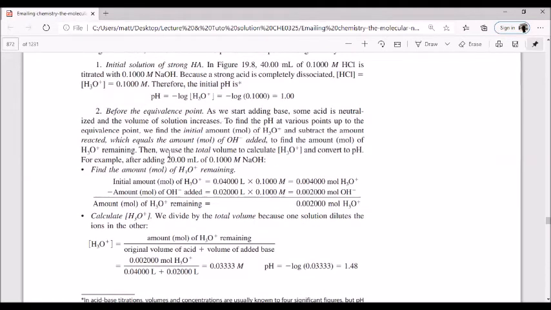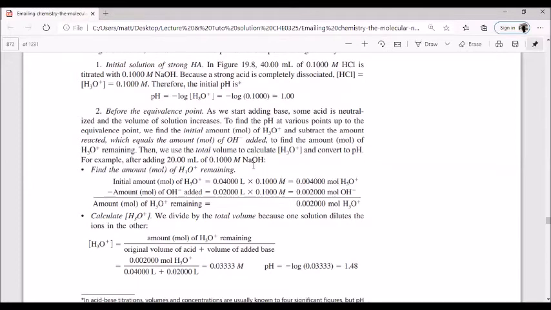Then we find the amount of hydronium ion remaining. The initial amount of hydronium is volume times concentration, and you get 0.04 mole. That is the initial amount of hydronium ion.